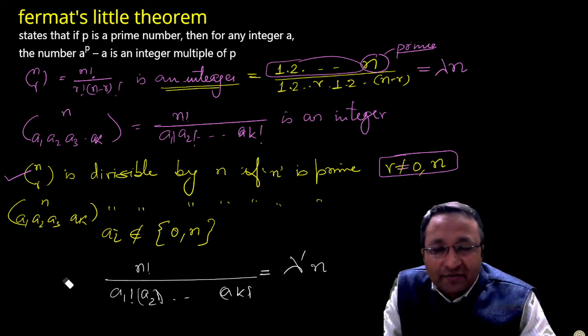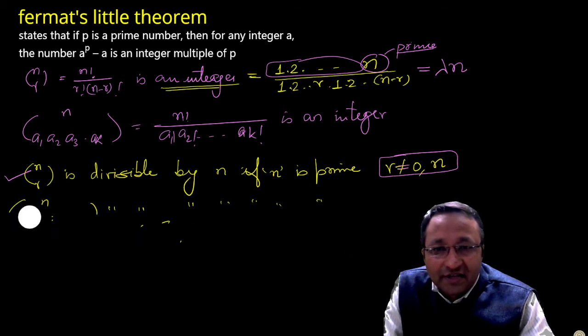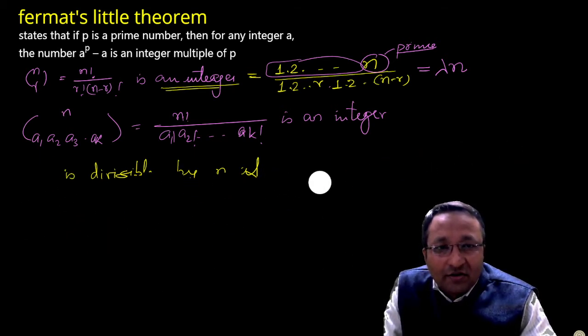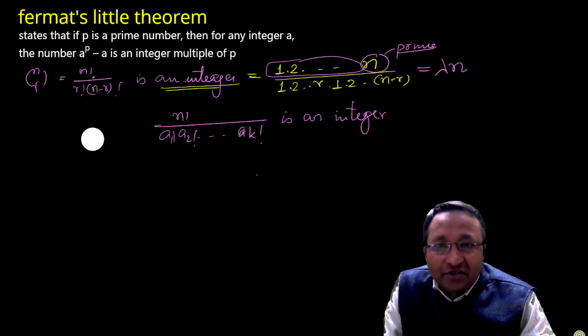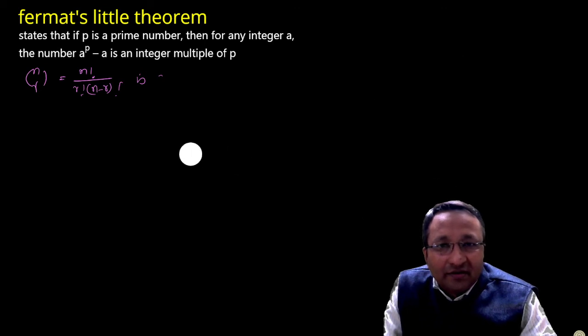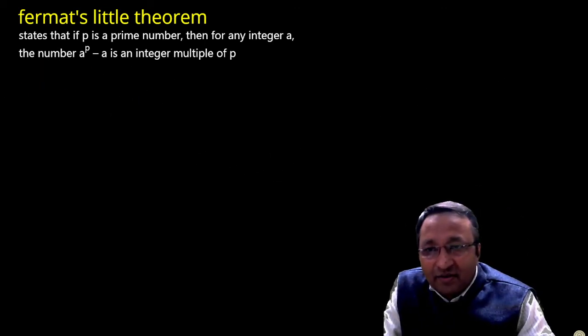Now I'll take out some space and erase this, keeping the statement of Fermat's theorem intact. What I'll do is take an expansion, and this will establish Fermat's little theorem in one line.